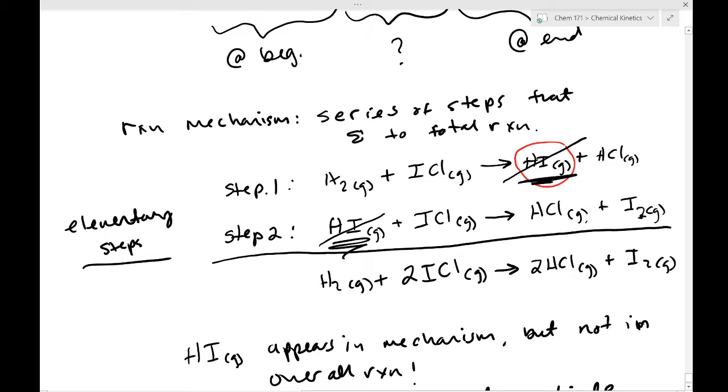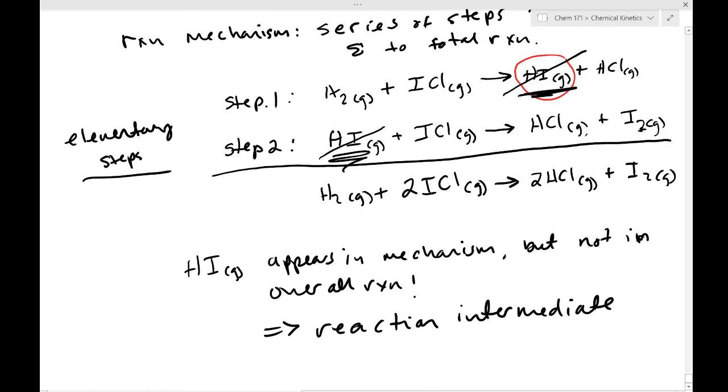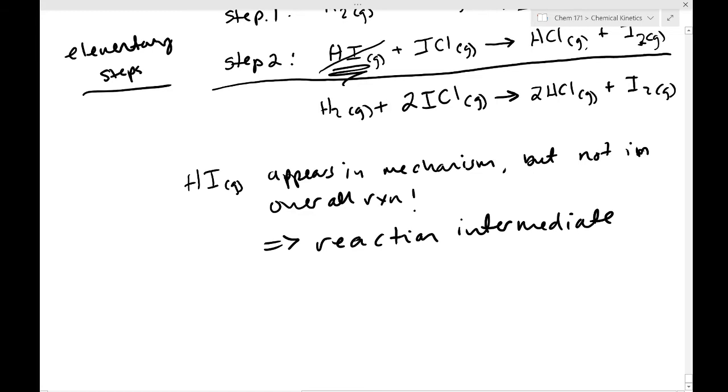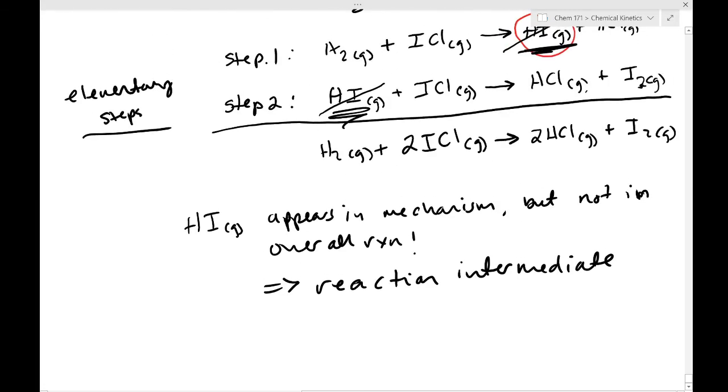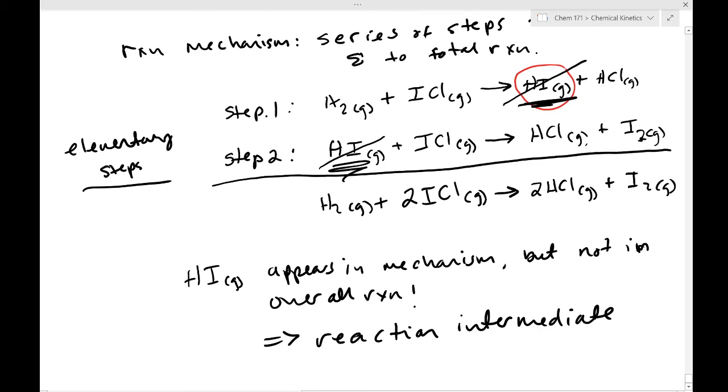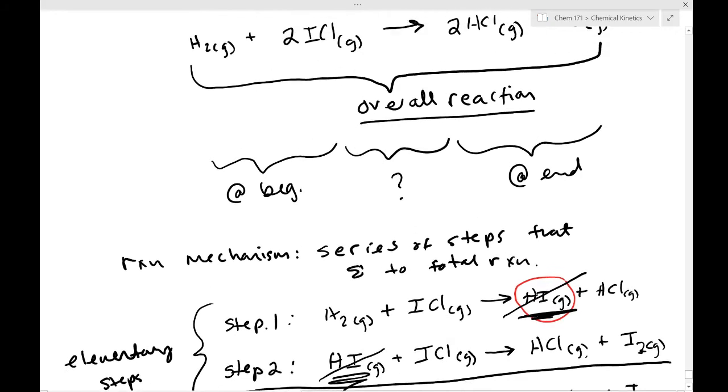So when you produce something in one step and then you consume it in a later step, it's called a reaction intermediate, and it does not show up in the overall reaction. A reaction intermediate is always formed in one elementary step and consumed in another. So this here is the reaction mechanism for this overall reaction above.